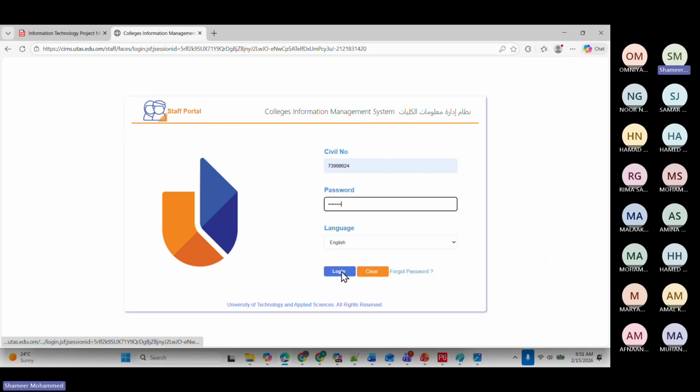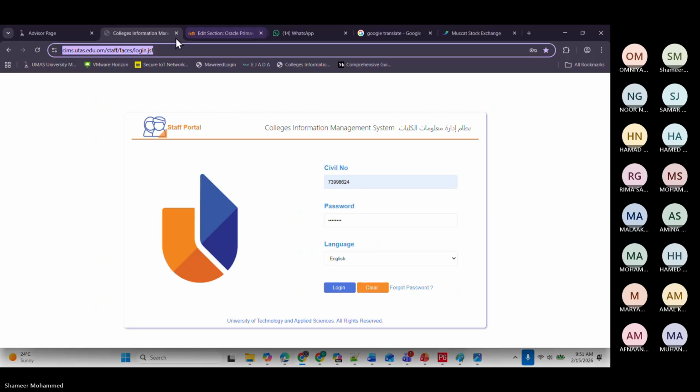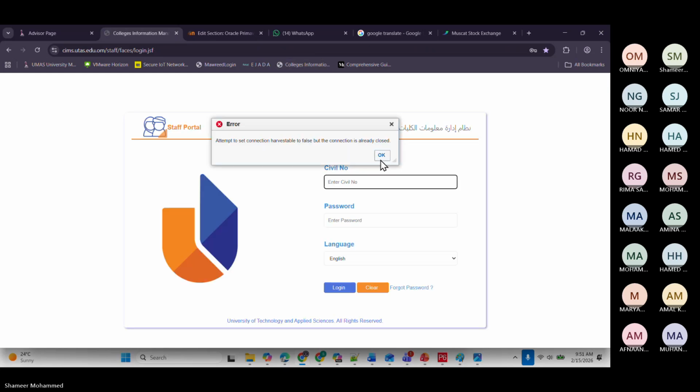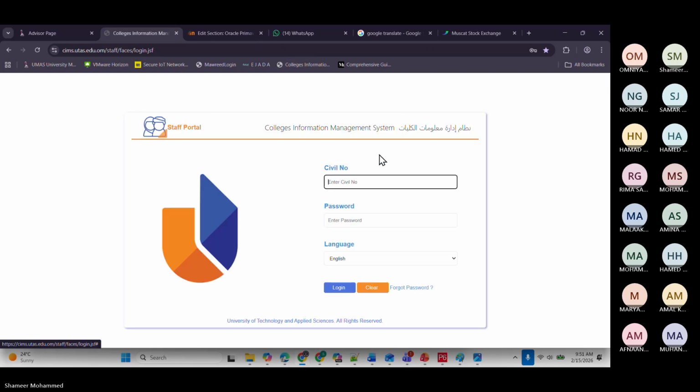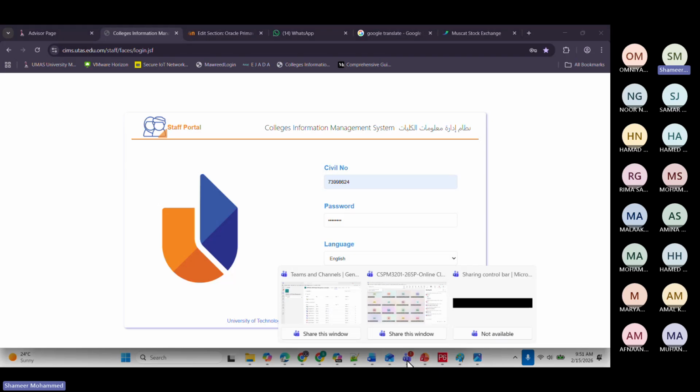What is this one? It's not logging in. So manually, I will take who are all present.